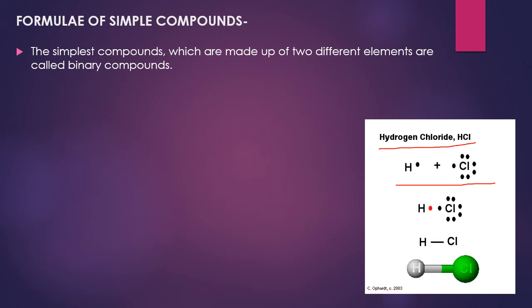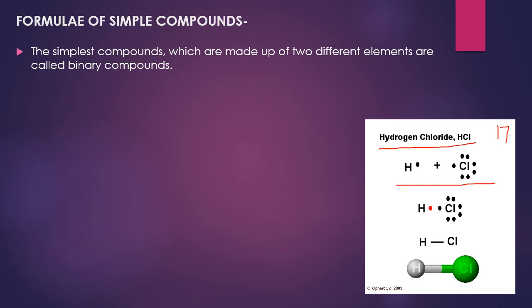Hydrogen has only one electron and chlorine has 7 electrons in its last orbit because its atomic number is 17. Let me write 17. So the electronic configuration will be 2, 8 and 7. In the last orbit there are 7 electrons, 1, 2, 3, 4, 5, 6 and 7. And hydrogen has only one electron. Now what will happen?